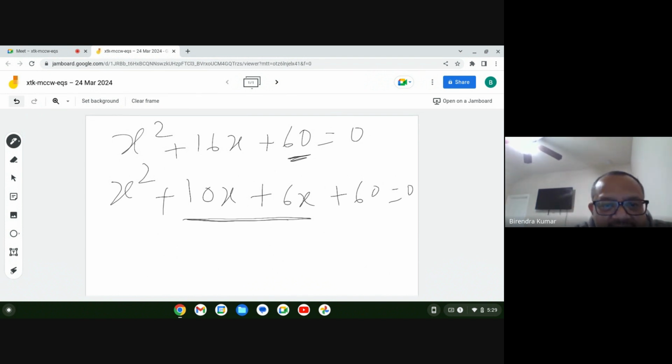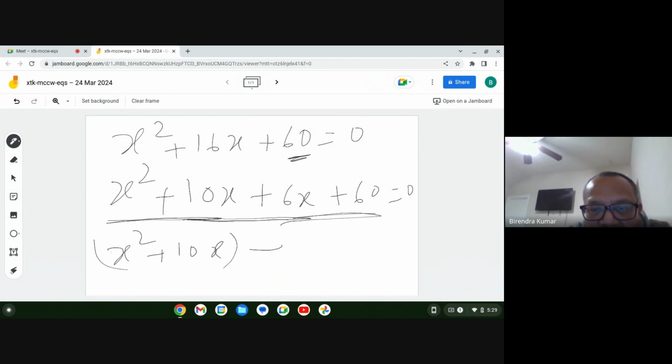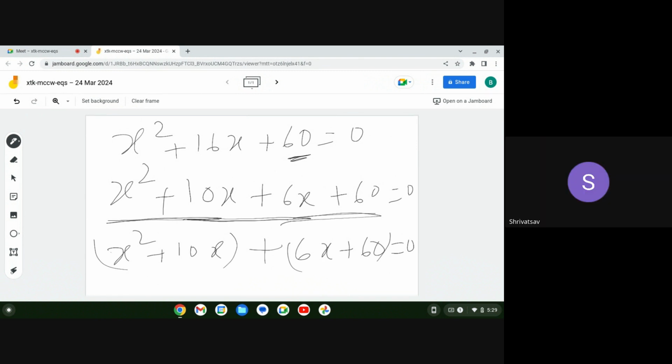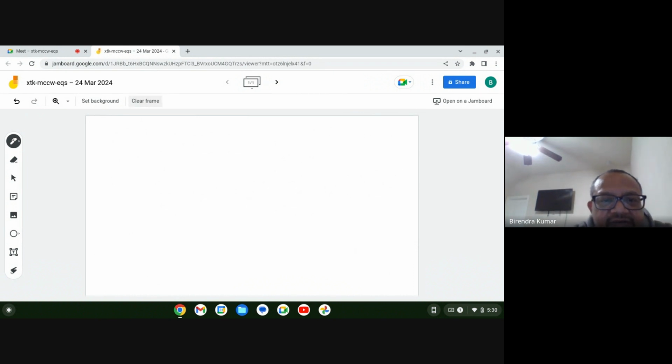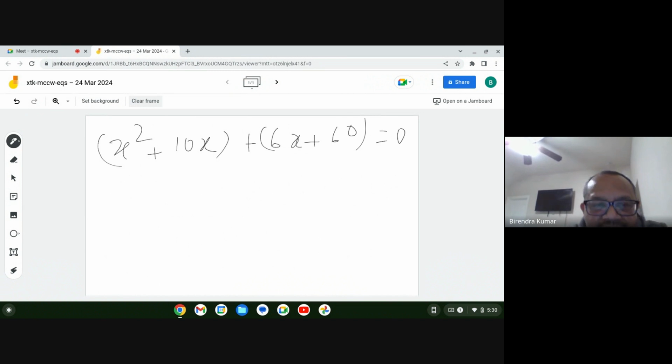Now, this is simple. I will pick the first two and the last two terms. The first two are x squared plus 10x as one group, and 6x plus 60 as another group. So far, are you guys with me? Yes. Now I have two combinations: x squared plus 10x, and 6x plus 60, equals 0.